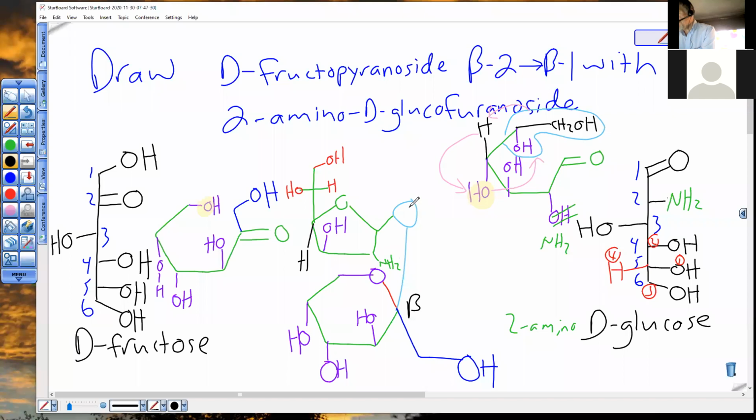This is one of those other sugars. It's beta, so it better be cis to the CH2OH up here. It's actually the whole carbon group, but the carbon's definitely up, and beta means cis. And that one's also beta, because the name says they had to be.